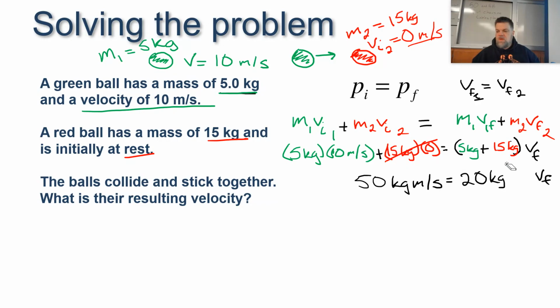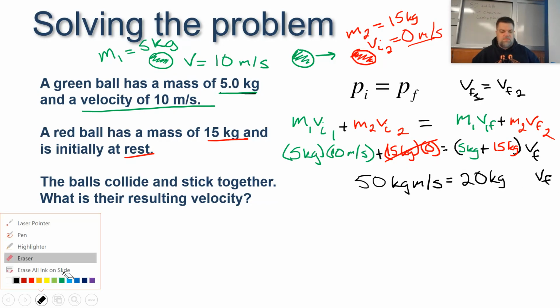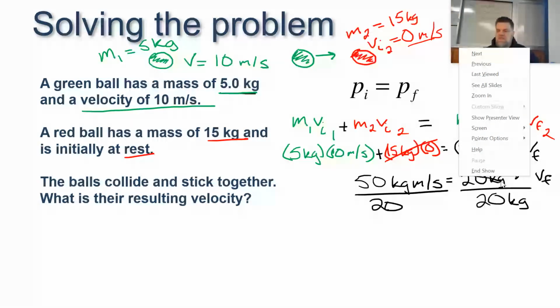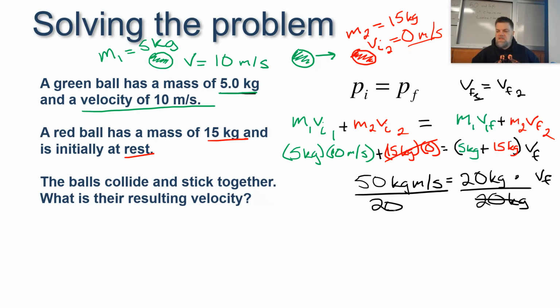It's just 20 kilograms times VF, right? So then I got to divide by 20 kilograms. Wait, did I get everything right? Yep, positive, negative, or anything. I think so. So the kilograms here cancel with the kilograms here.